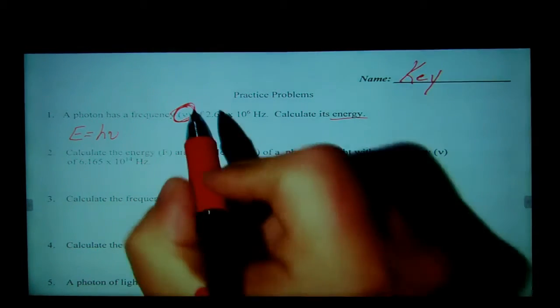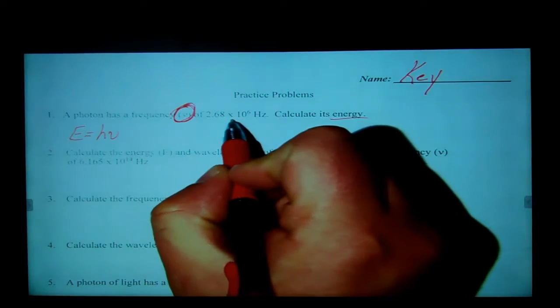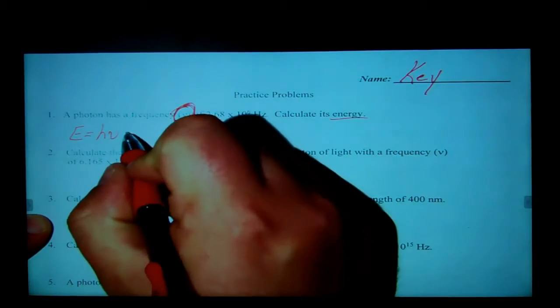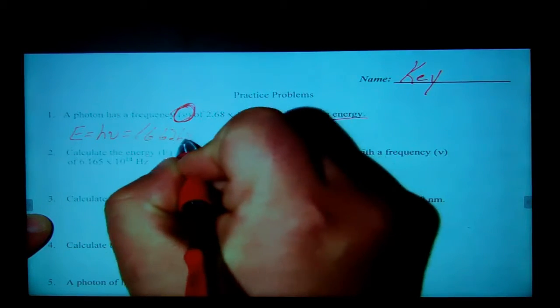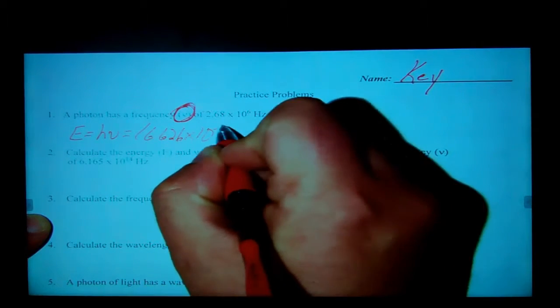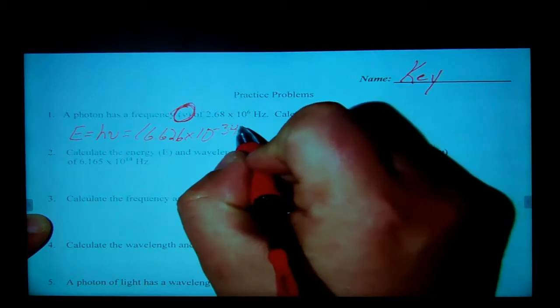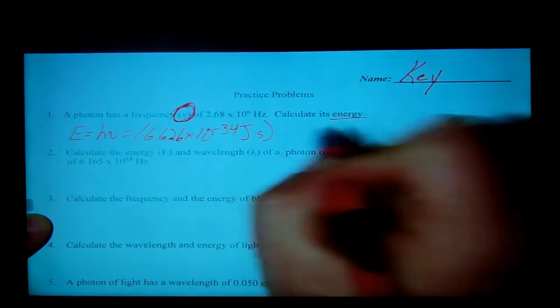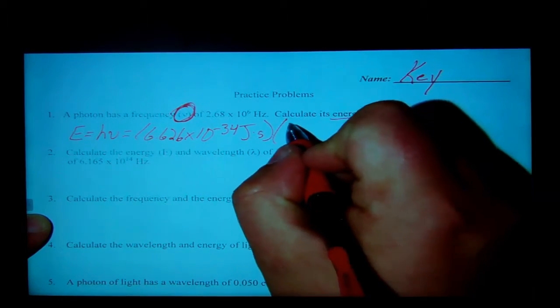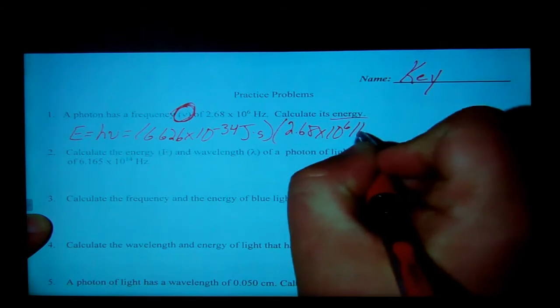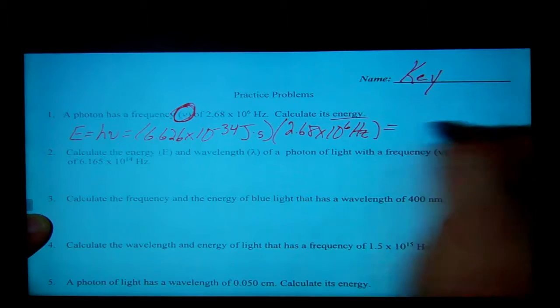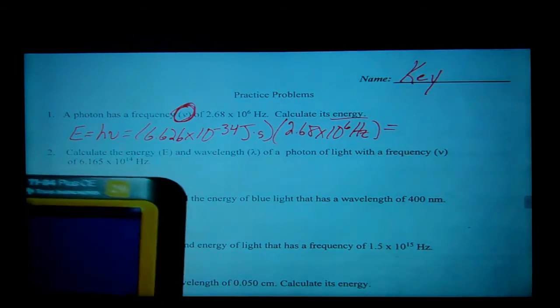It already gave us the frequency, 2.68 times 10 to the 6. So we get Planck's constant, which is 6.626, or stitch as I like to call it, times 10 to the negative 34 joule seconds, times frequency, which is 2.68 times 10 to the 6 hertz. You're going to type that in a calculator.